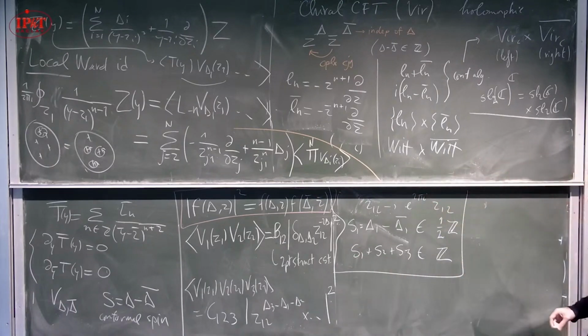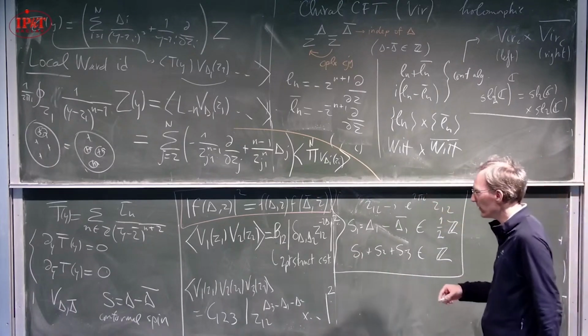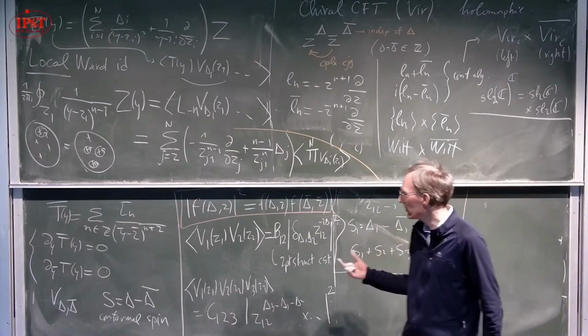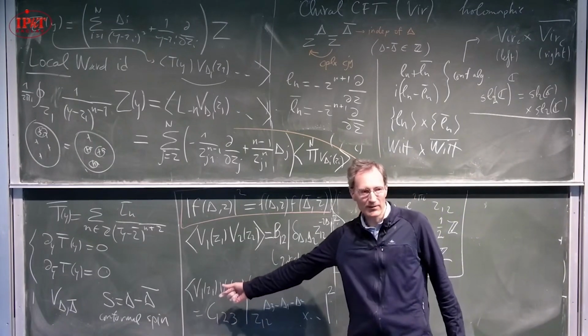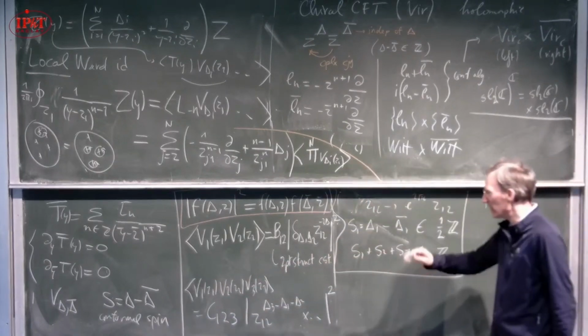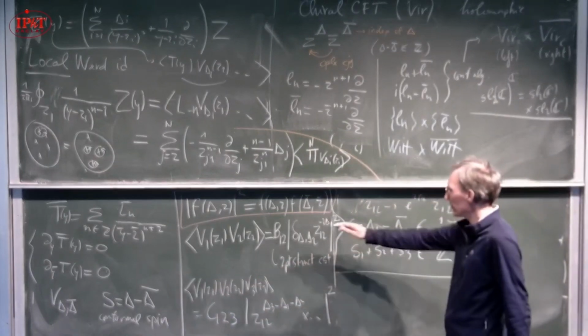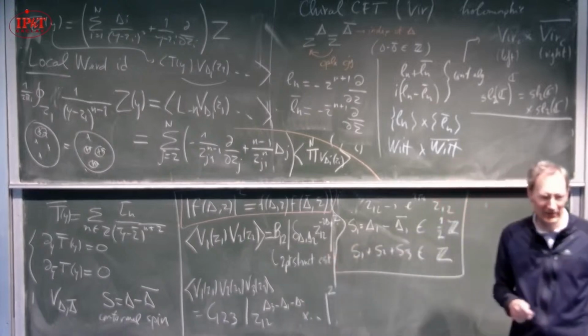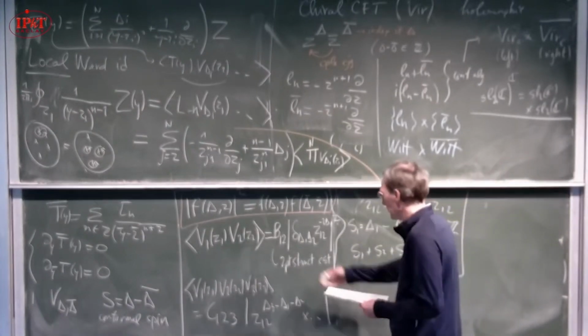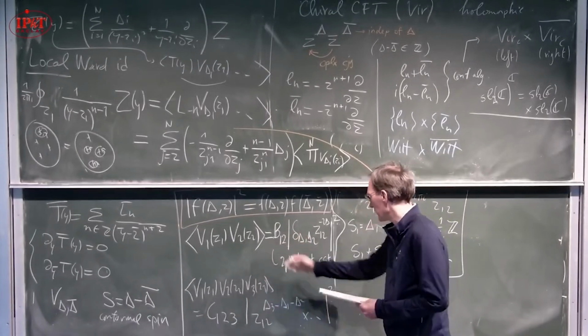Then I will consider another axiom which we had, which was permutation invariance. In the correlation functions, it should not matter in which order I write the fields. Everything should stay the same if I permute them. But these formulas are not manifestly invariant under permutations. Permutation invariance gives you a constraint on the structure constants.